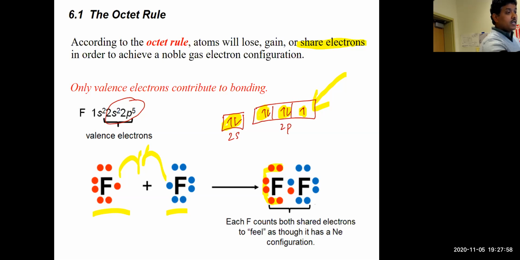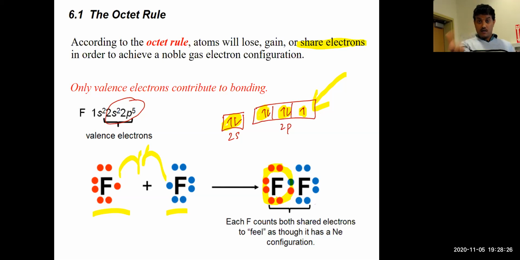So there are a total of 7 electrons here. So how is it going to feel 8 electrons? Because it is sharing its electron with another element. The other fluorine is sharing its electron, which is in its vicinity. So that electron is shared by this fluorine. So this fluorine is exposed to a total of 8 electrons. Some of them are its own, some of them are coming from another element.